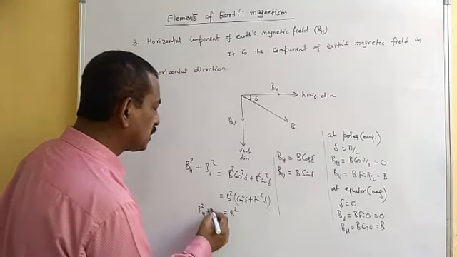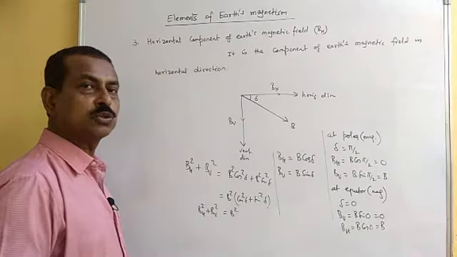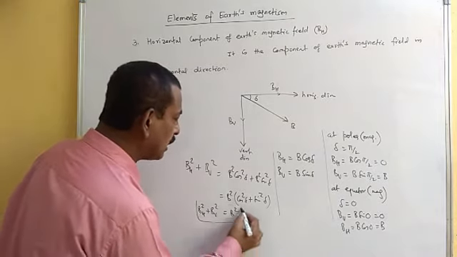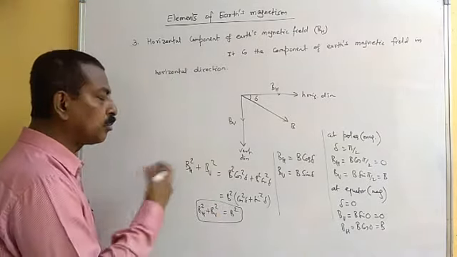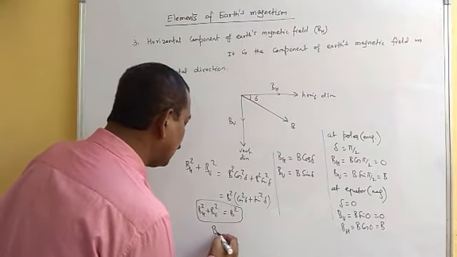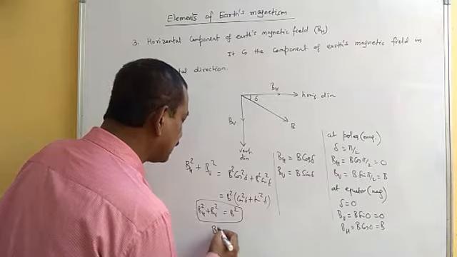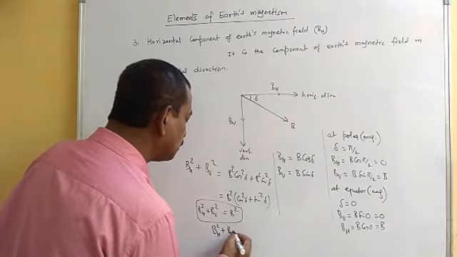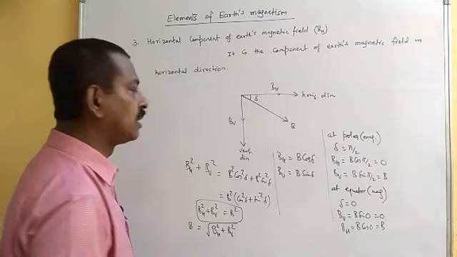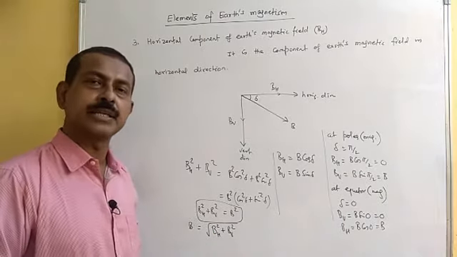So BH squared plus BV squared is B squared. That means this is another relation between the vertical component, the horizontal component, and the Earth's magnetic field at that place. And this we can also write as the square root of (BH squared plus BV squared) is B. So this relation also we can get.